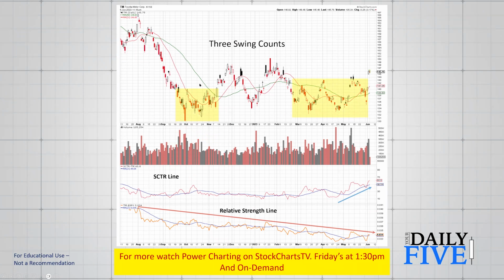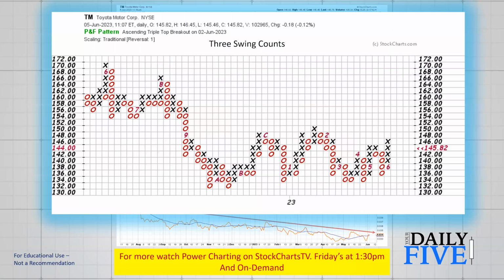And so here you can see this swing trading count on the left, which is the September to November period. And then we also have a current count that just jumped out of that area here, February to June. So how can we get a price objective from this? Let's have a look. And here is the point and figure.